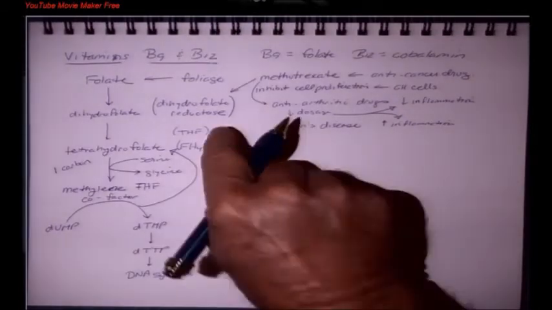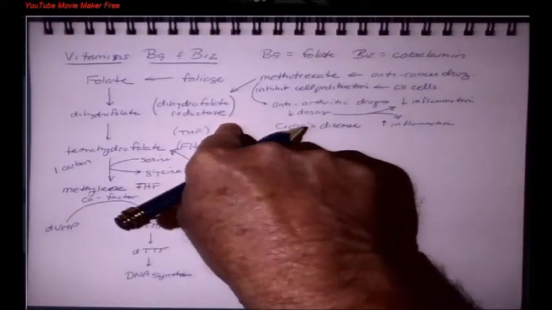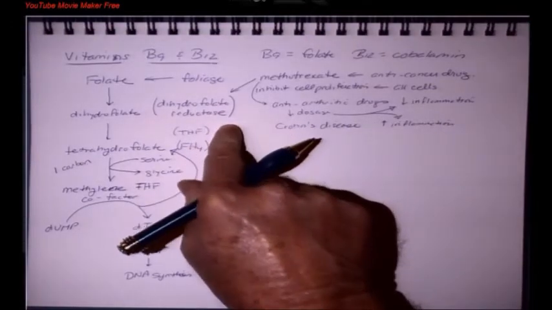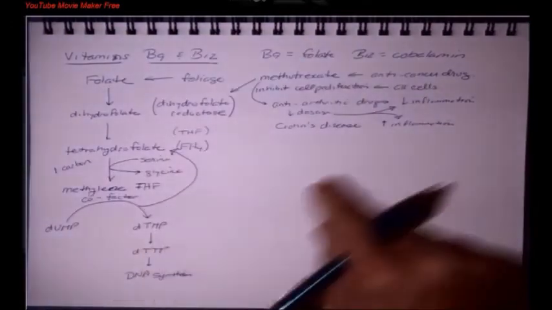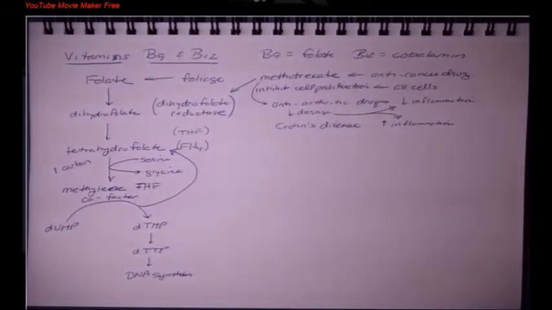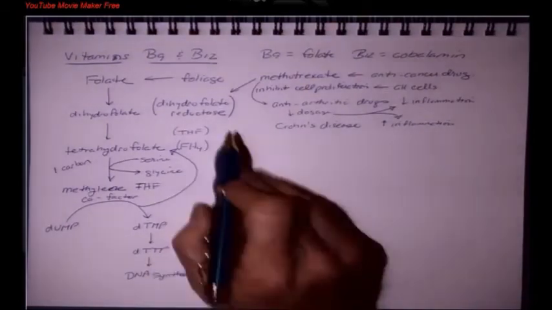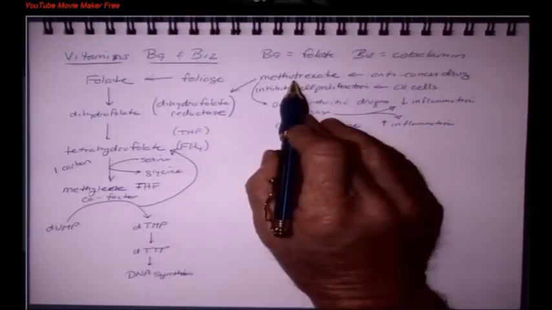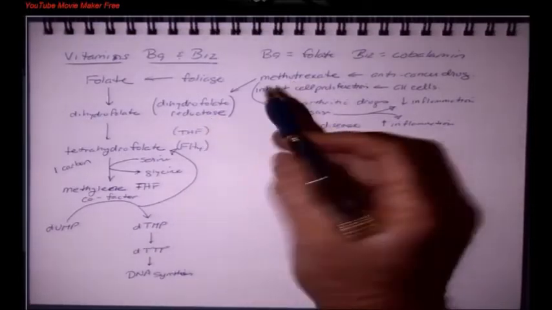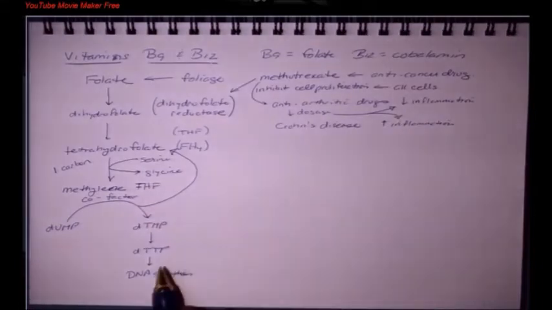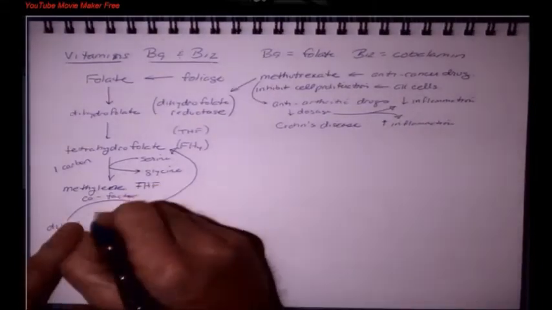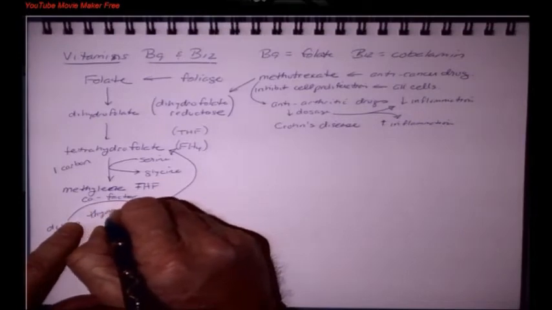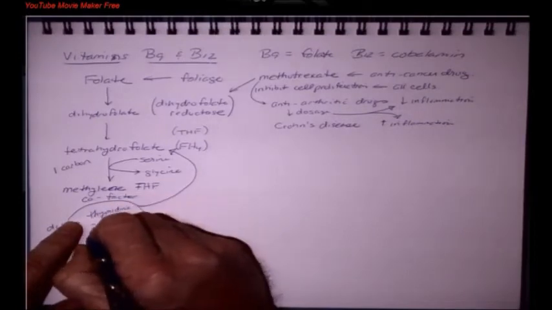So there is a good example of medicine. What is the most important information for you to take away from this entire biochemical pathway? Right here, dihydrofolate reductase is inhibited and regulated by methotrexate, and that inhibits the formation of thymidine. This enzyme, of course, is thymidylate synthase.